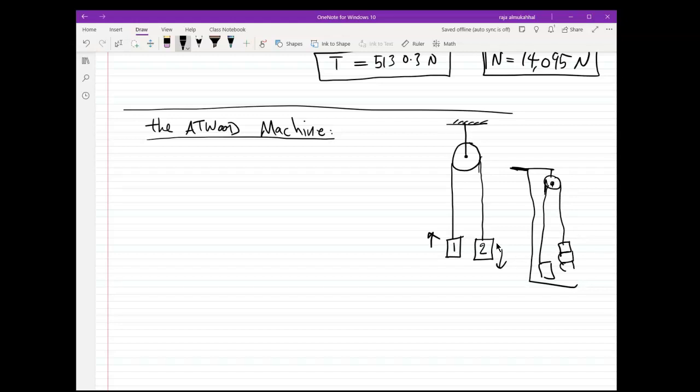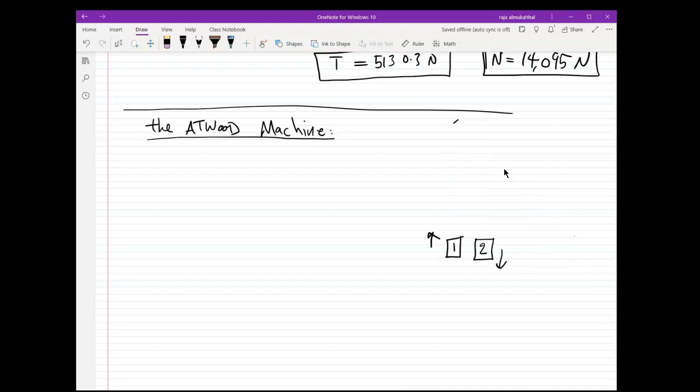All you need is to push this down, this will go up, and I can put it up here. You see what I'm saying? That's the idea of the Atwood machine. Like I said, it's an ancient way of lifting things, and it's used in construction and so on. All right, so that's what it is.